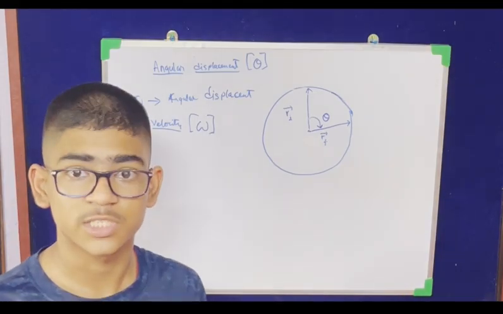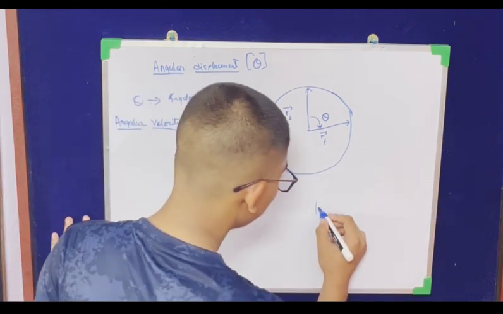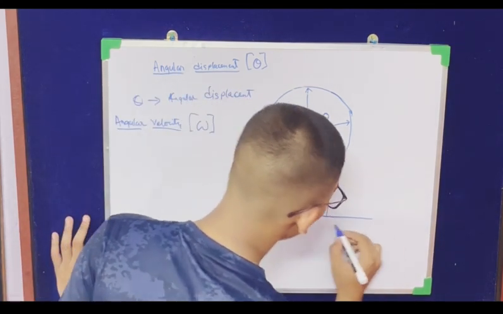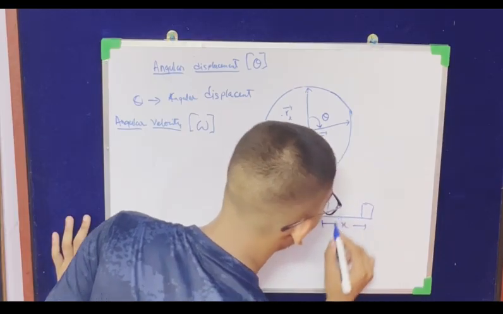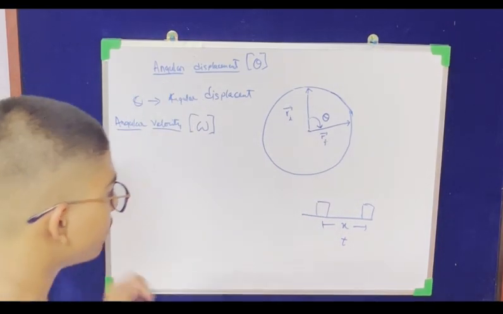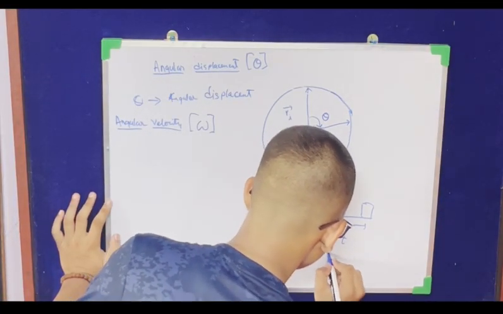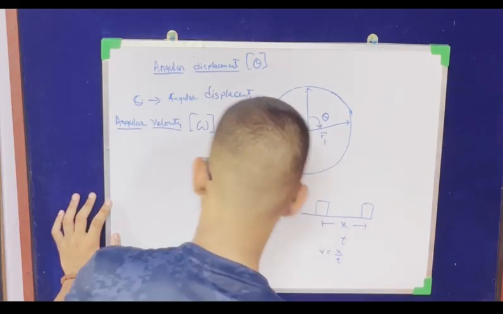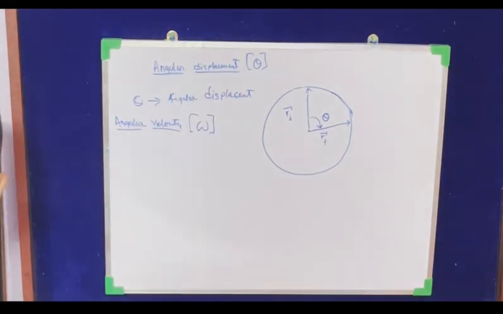Like in kinematics, we used to say that if an object moves a displacement of x in a time t, what will be the average velocity? The average velocity becomes displacement by time, right? So similarly, here also we will do the same.